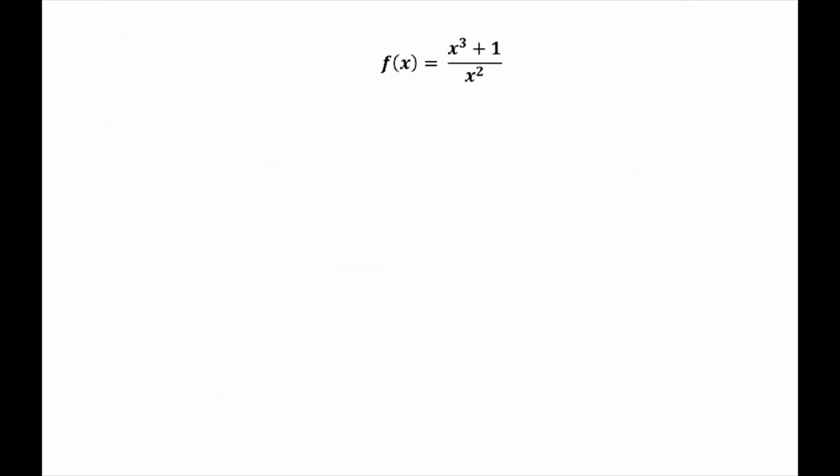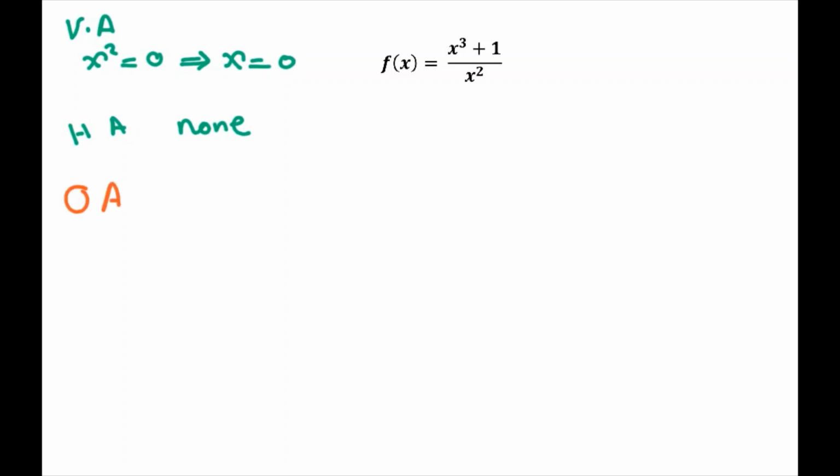x cubed plus 1 over x squared, vertical asymptote. x squared equals 0, x equals 0. And again, we don't have a horizontal asymptote because the degree of the numerator is greater than the degree of the denominator. Instead, we have an oblique asymptote.